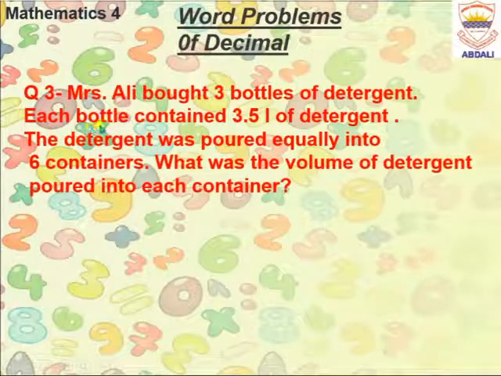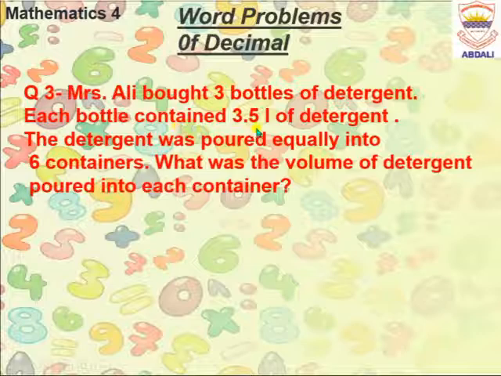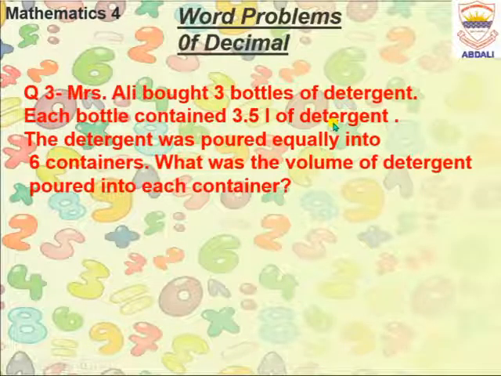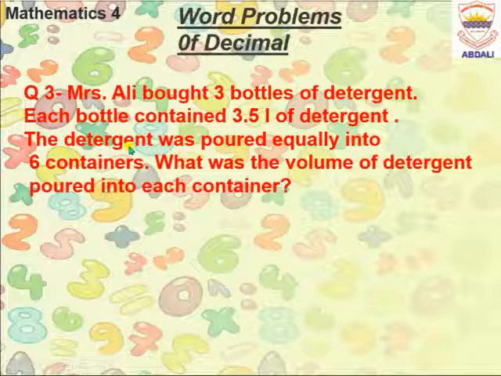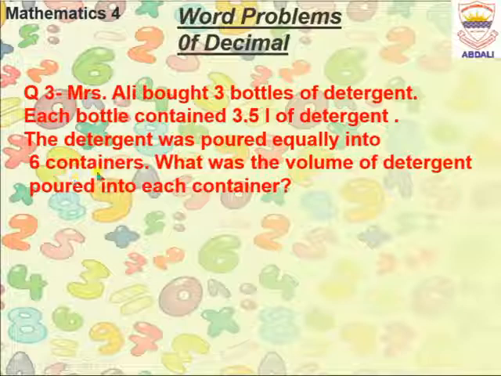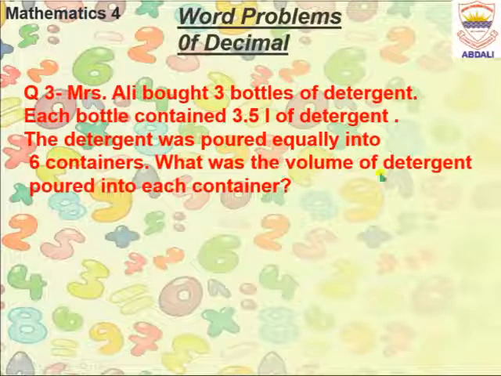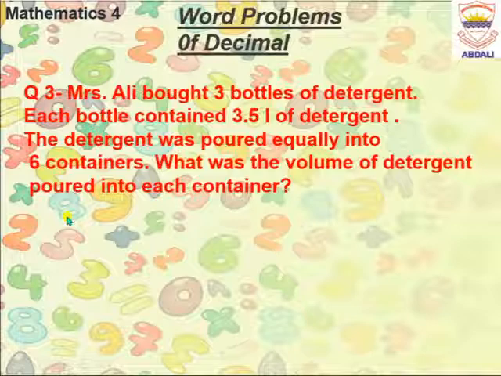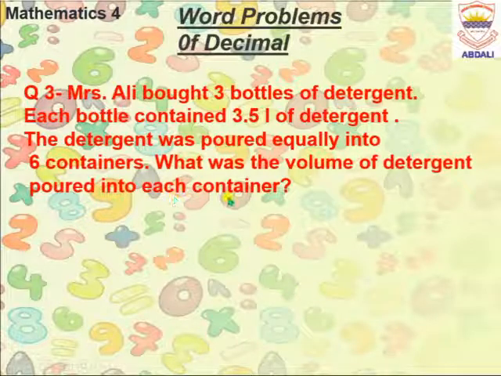Each bottle contained 3.5 liter of detergent. The detergent was poured equally into 6 containers. What was the volume of detergent poured into each container?